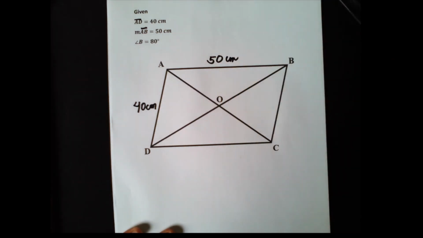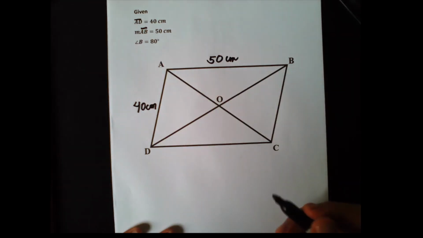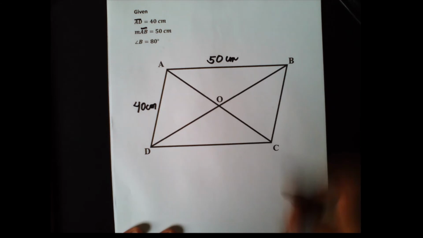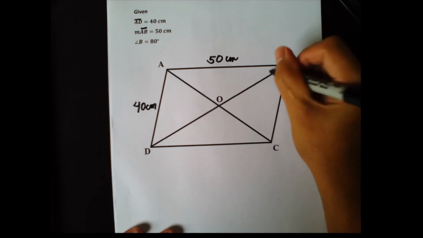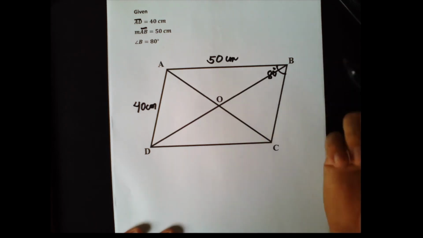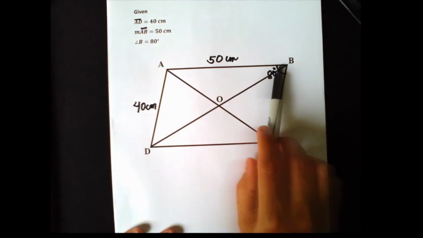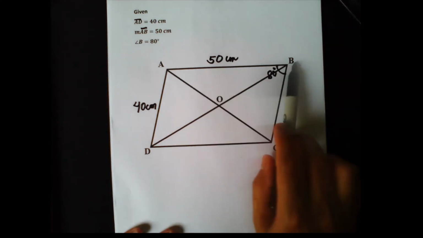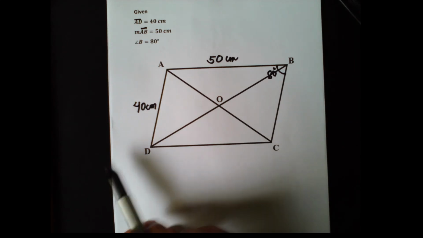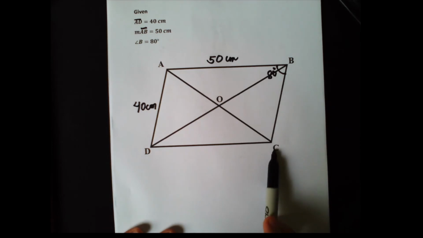Another given is angle B has a measurement of 80 degrees. Now let's identify the measurements of the parallelogram. Based on the five conditions, the opposite side of line AB is congruent, so the opposite side is line DC.